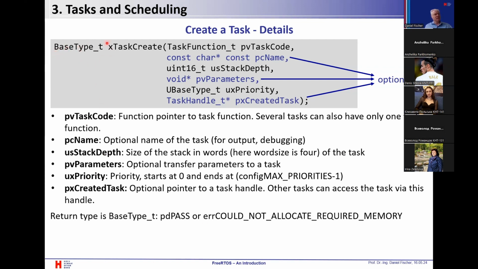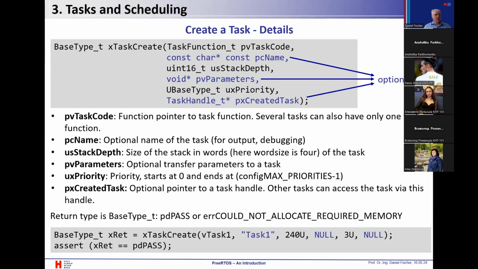You can see this is a specific data type of FreeRTOS, and therefore this x is used, as you can see in the name of the function, to show that a specific FreeRTOS data type is returned. And later, of course, you can check whether it is working or not.